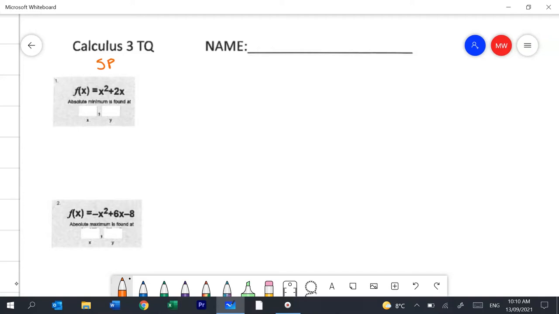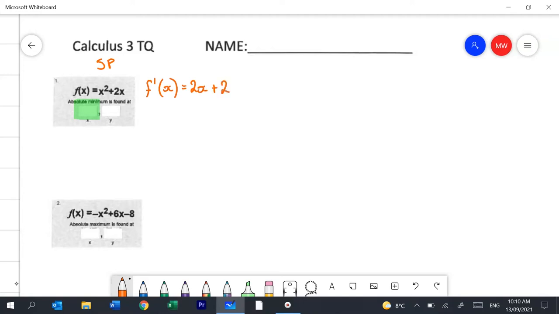So the way we start this is we need to find what the x and y value are. And the way to find the x value, so I'm trying to fill in this box here, is by using the derivative function. So we write out the derivative function. That's going to be 2x plus 2.